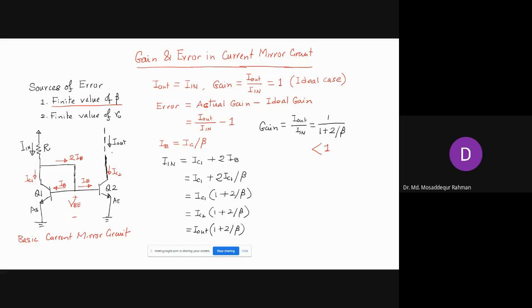So output current will be less than the input current, right? Because output current is equal to IC2, and IC2 is equal to IC1, not equal to I in, and I in is greater than IC1 by the amount of this base current, right, 2IB.